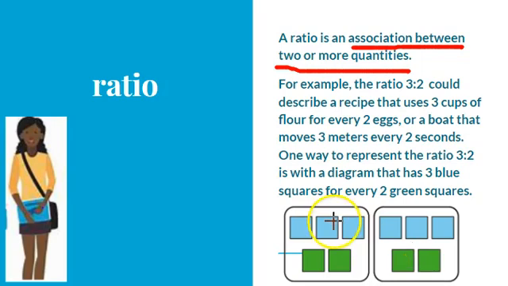Another way you could say it is 3 blue to 2 green, but all of these still have the same ratio of 3 to 2. And when we see a number like this with that colon in there, we're supposed to say it as "to," as in T-O, not the number 2. So this is giving us an example of 3 to 2.